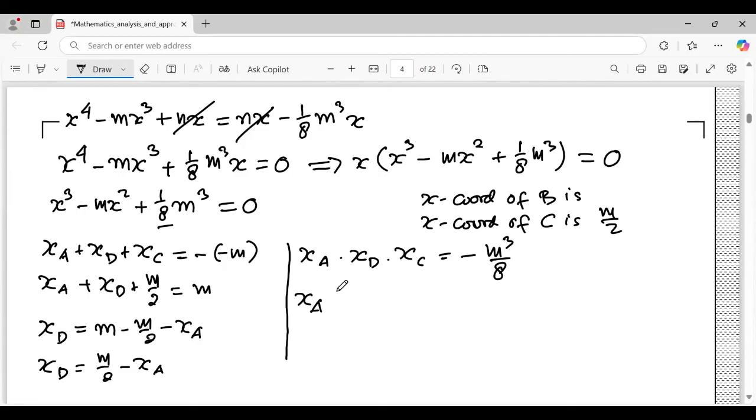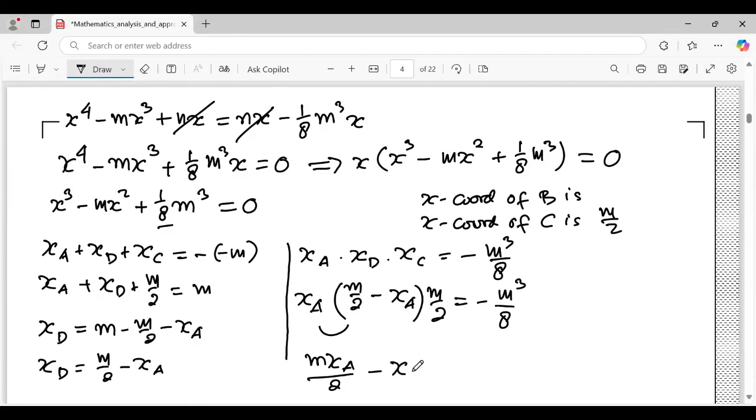So xa times, I would like to substitute xd, m half minus xa, and xc is m half, equals minus m cubed over 8. Now multiply this, it becomes m xa over 2, minus xa squared, times m half, equals minus m cubed over 8.